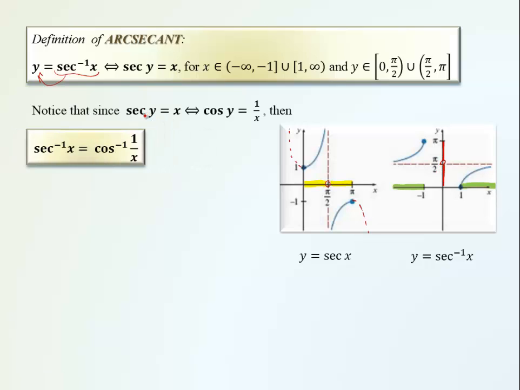Similarly as for tangent, since secant y is x and secant is 1 over cosine y, then we can interchange x with cosine y, and we have the equivalent form cosine y equals 1 over x. Since this is true, the inverse of secant can be defined as the inverse of cosine, but of 1 over x.